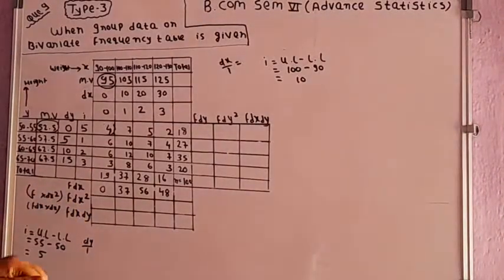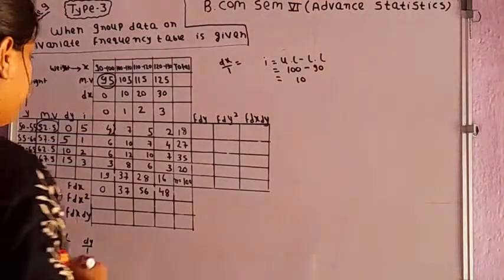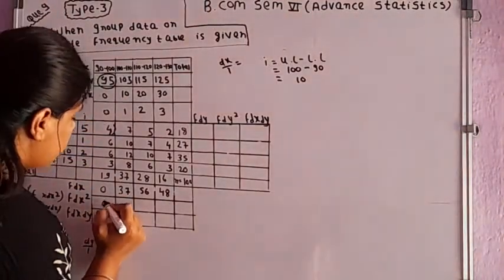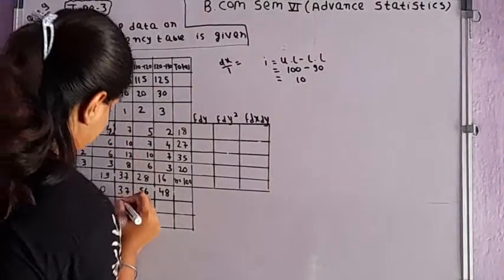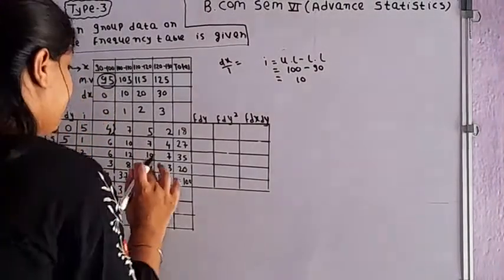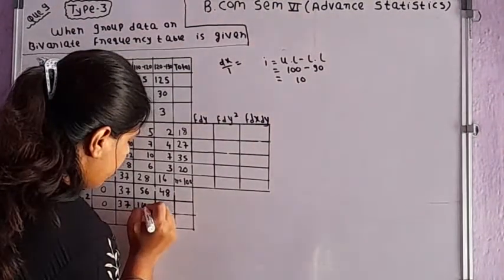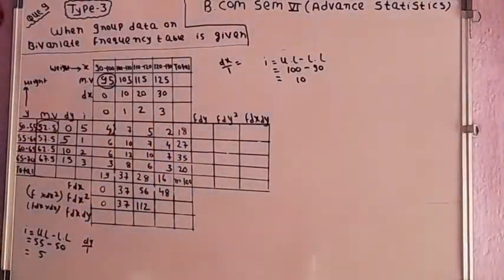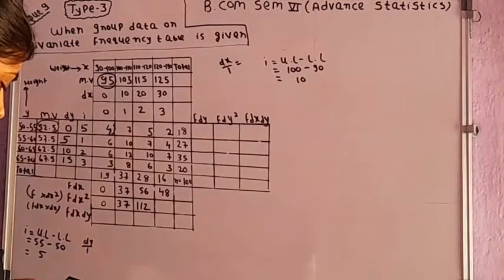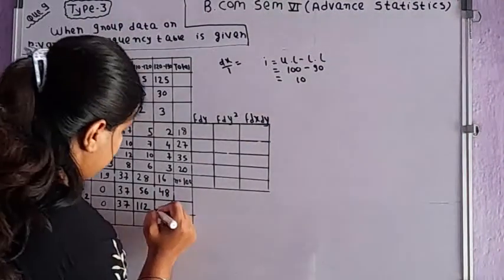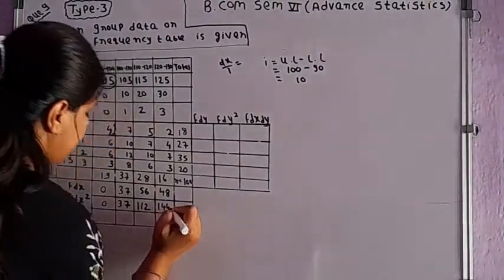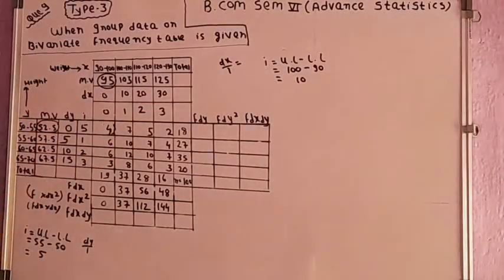So 0 into 0 will be 0. 37 into 1, 37. 56 into 2, 112. 48 into 3, 144. This way we have calculated fdx square as well.